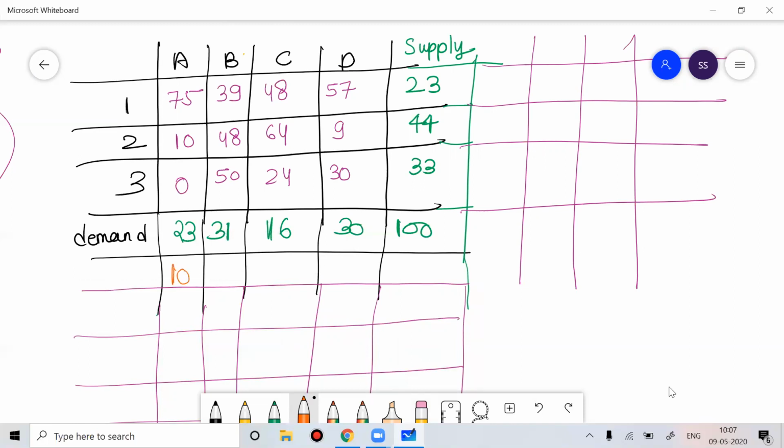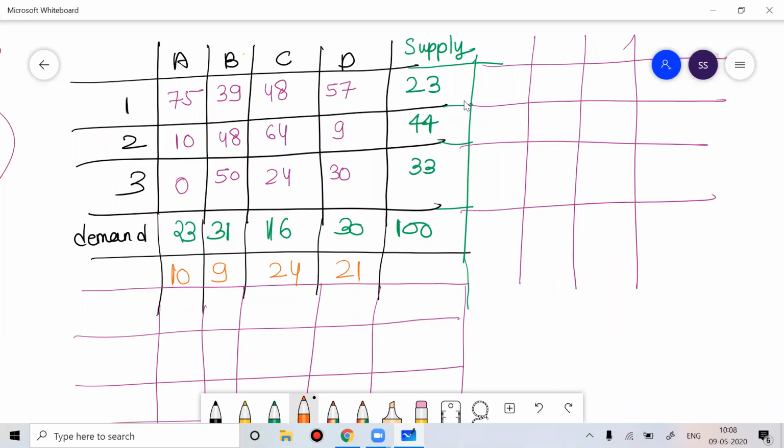Then here the lowest is 39, so 48 minus 39, that is 9. Here the lowest is 24, so 48 minus 24 is 24. Here 30 minus 9 is 21. So like this, I have done column wise.